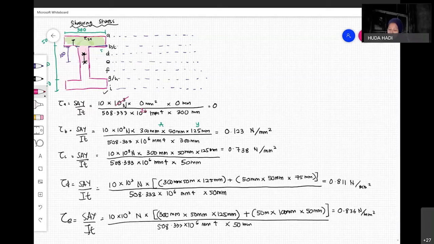Yang bawah ni. Ni 300 I boleh delete. 300. Ni I buang. So I kira je 10 darab 50 darab 125 bagi 508,333. Yang ni pun sama I boleh buang. Okay, 50 mm ni I boleh buang. 50, buang kat 50.